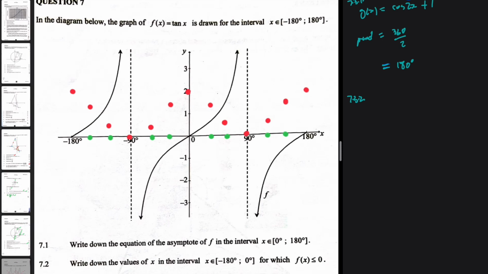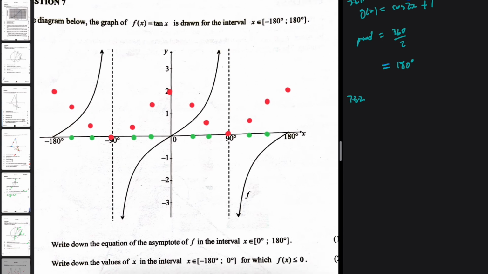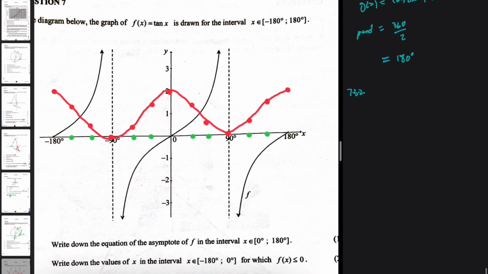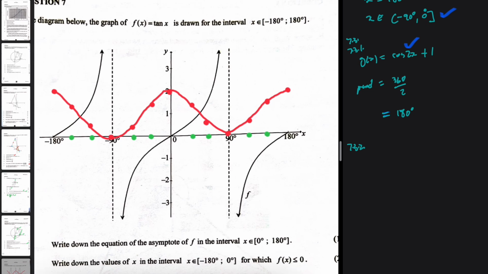So let me join these points. Let me just use a faint line. So you should have something like this. We can clearly see that the period is 180 here because we have 2 cycles over 360.